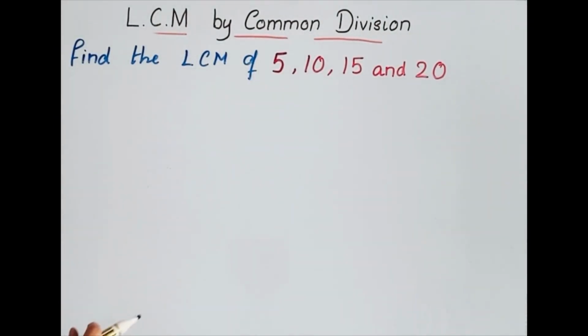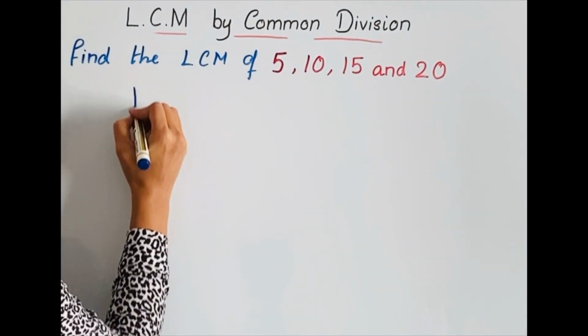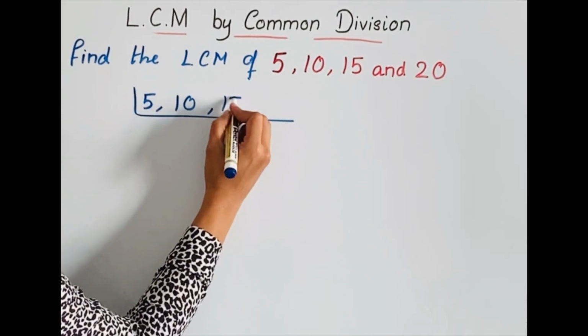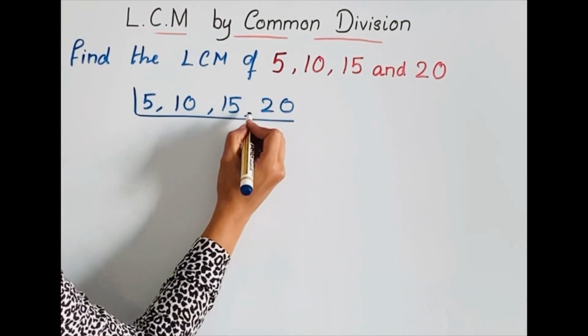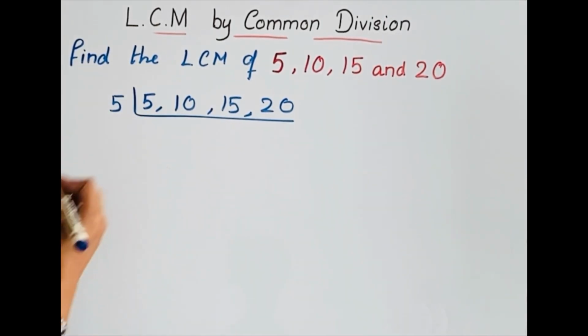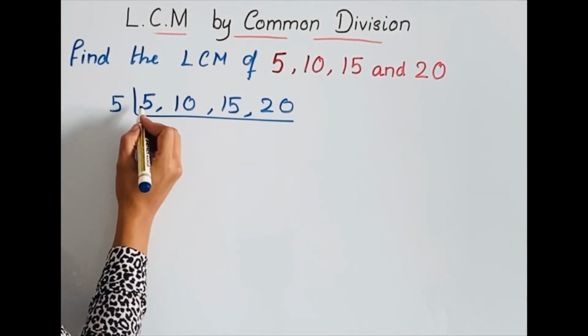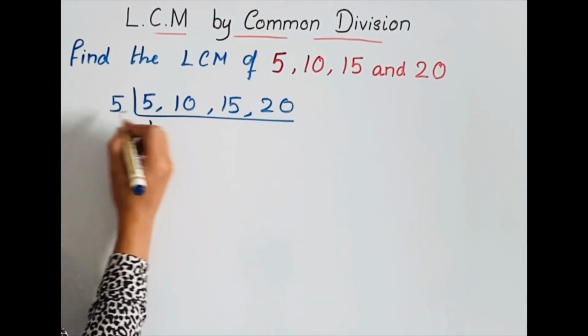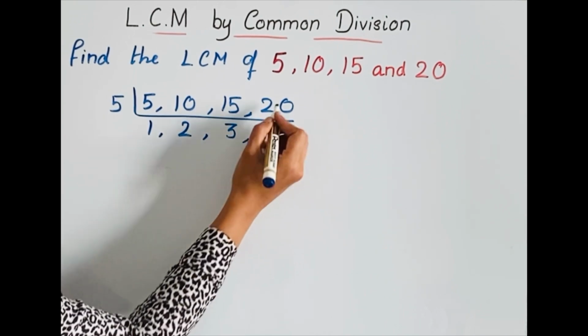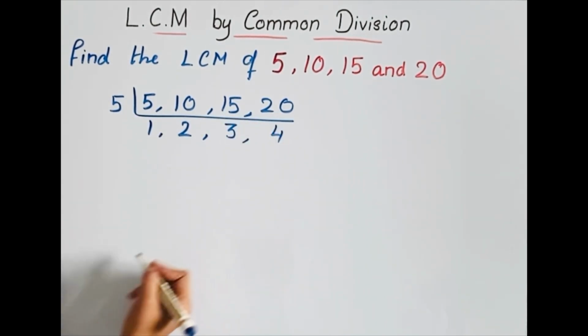The last one, to find the LCM of these, check the common factor of 5, 10, 15 and 20. The common factor of all these is 5. So let's use this to divide all these numbers. 5 divided by 5, 1. 10 divided by 5, 2. 15 divided by 5, 3. And 20 divided by 5, 4.